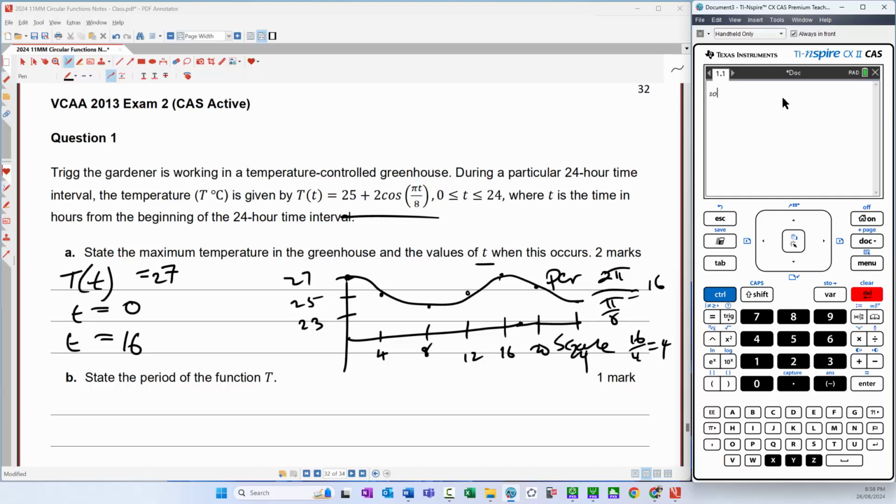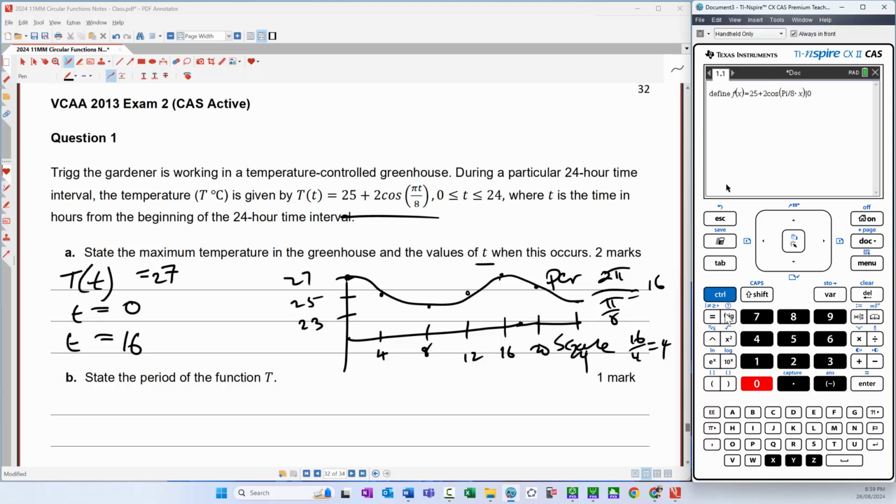So we're going to go define. Now, for trig functions, probably good to put a domain in.